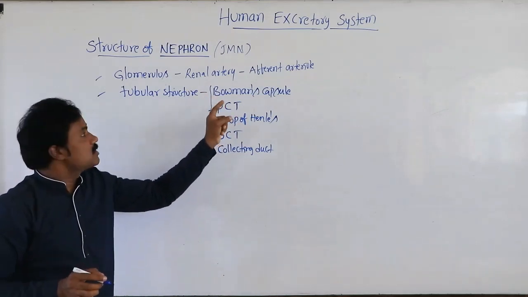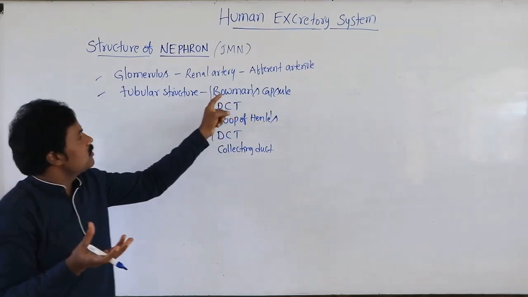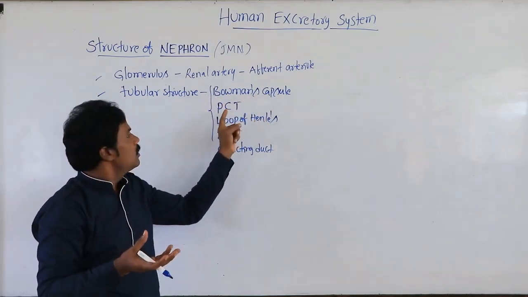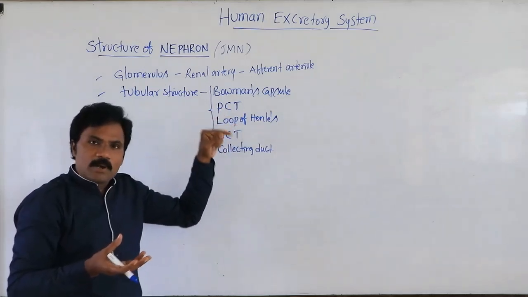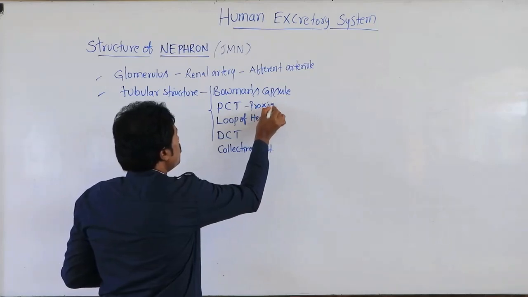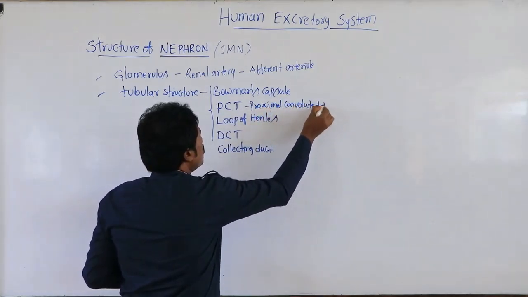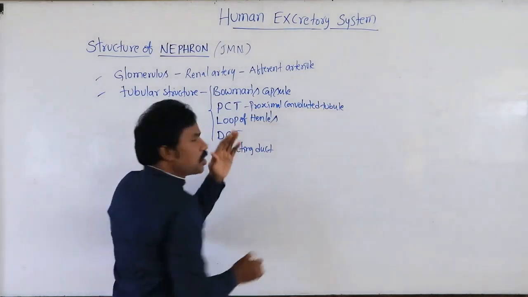The nephron parts are, one, the double membrane cup-like structure, Bowman's capsule. Then the proximal convoluted tubule, the tubular part.